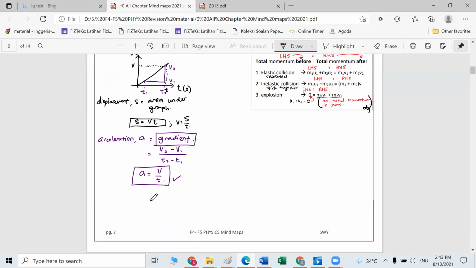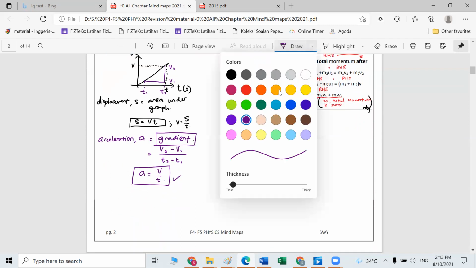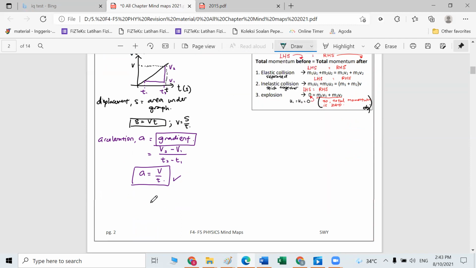Yes. So you may make a small note here. We can draw three graphs: ST, VT, AT. V, straight line, constant.